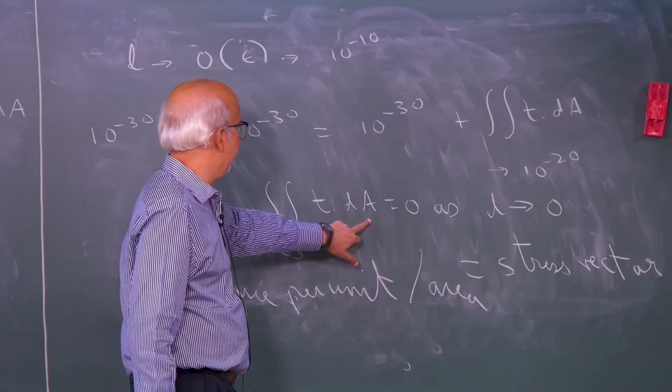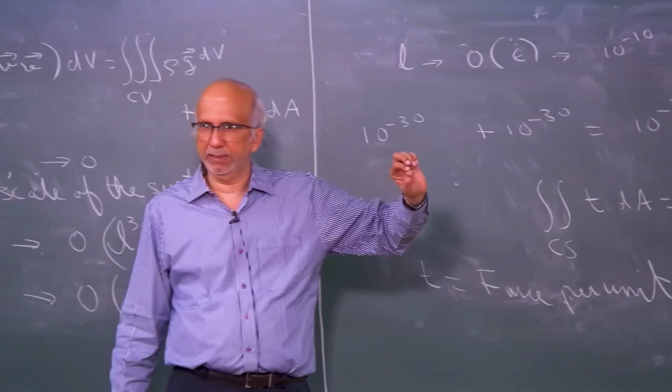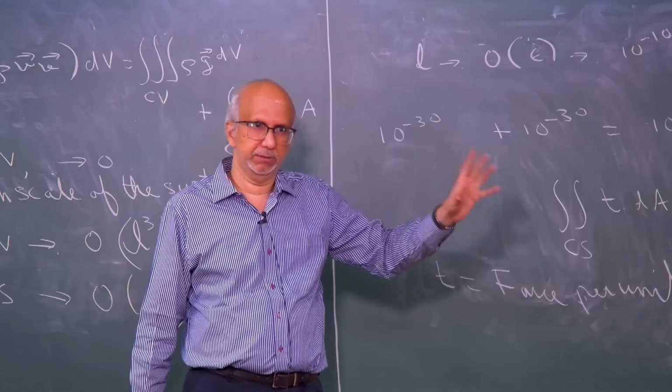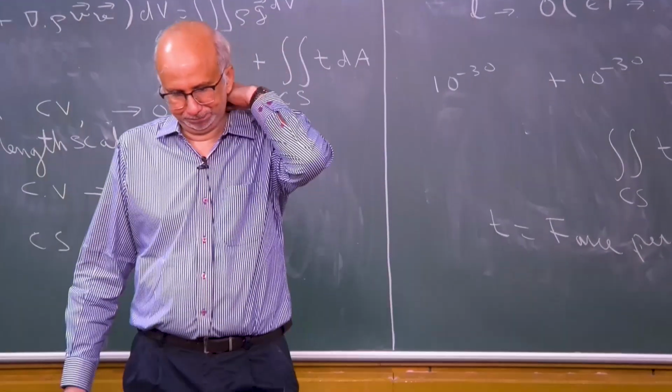dA is the area element. So take a small area element. What is the force acting? The force will act in all three directions. That is T, the force per unit area.